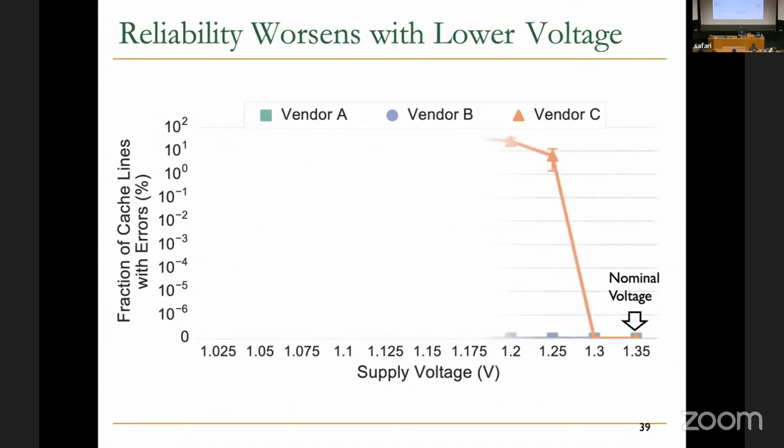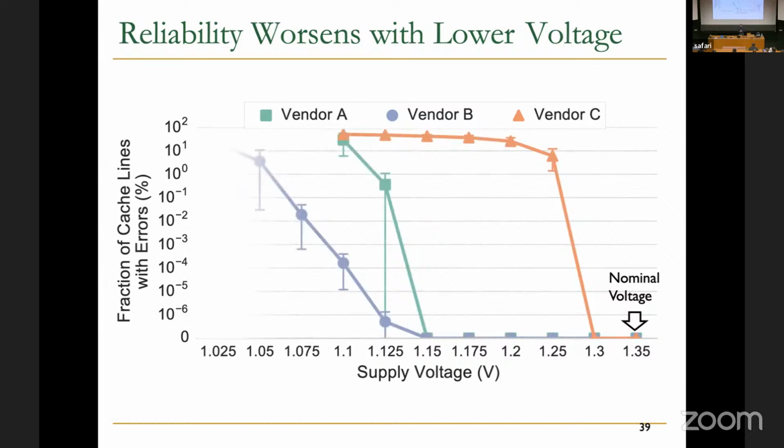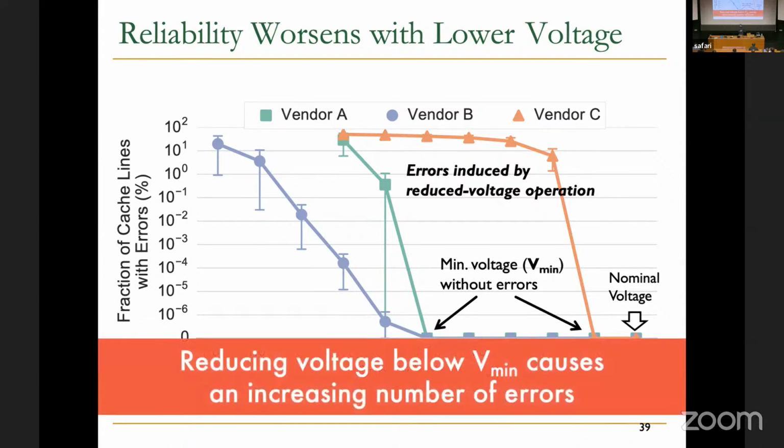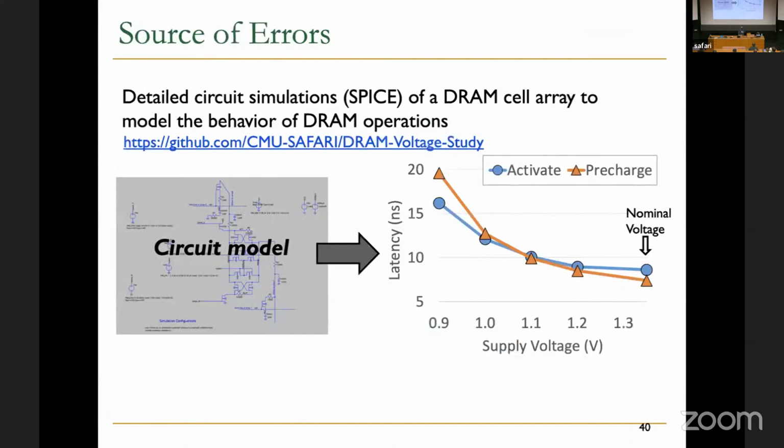As we reduce voltage for 3 different manufacturers, you see that different manufacturers start experiencing bit flips at different voltage levels. There's a minimum voltage until which we do not observe any bit flips, and then when we further reduce voltage, we start seeing a lot of errors appearing everywhere. So reducing voltage below Vmin causes an increasing number of errors.